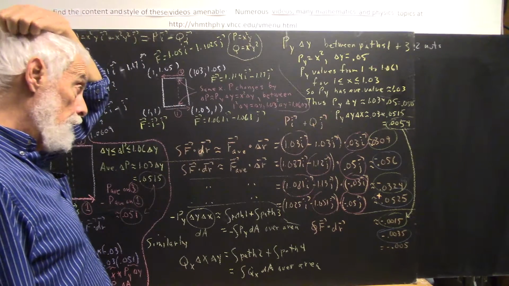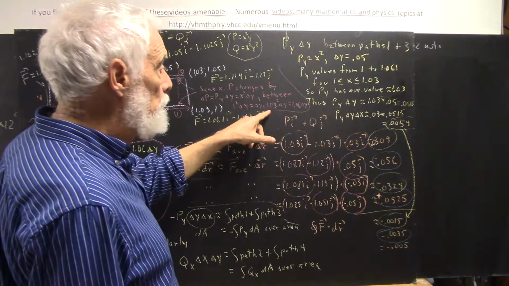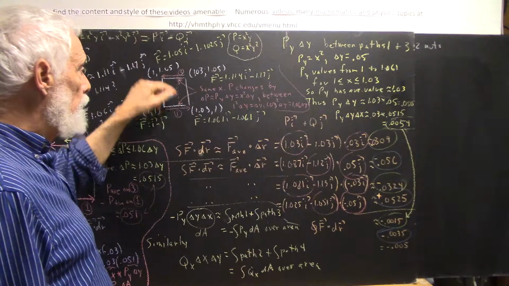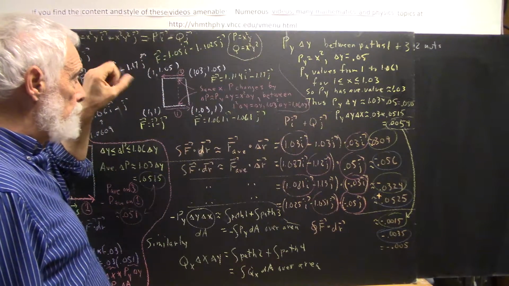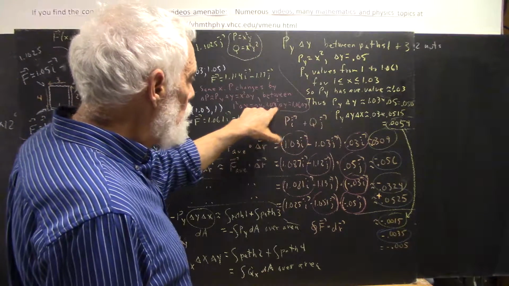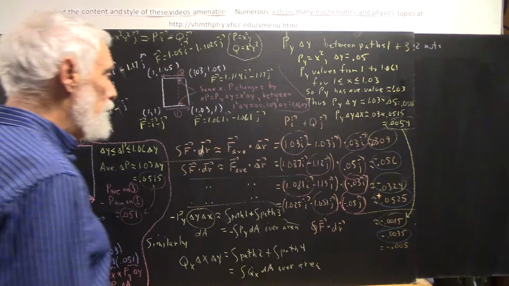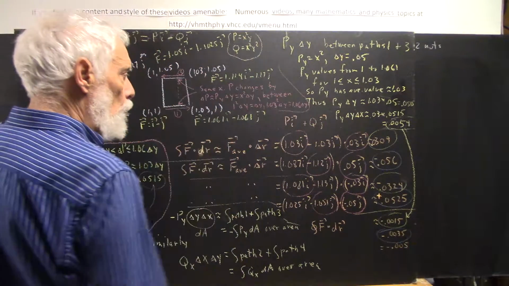So we could have a value of x squared equal to 1.03 squared or 1.06. So the change in the value of p due to the change in y is about 1.03 squared or 1.06 times delta y. Now if you average those out, you see that the average is about 1.03 delta y.